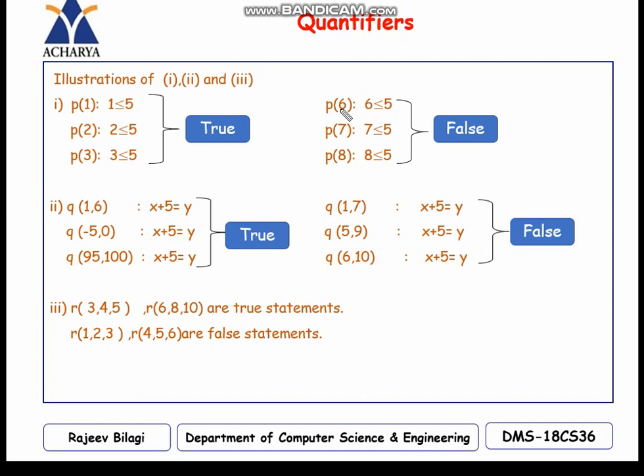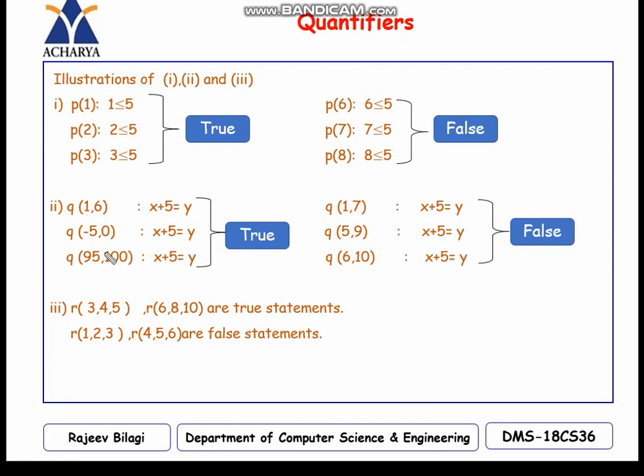If you look at another one, P of 6, that is 6 less than or equal to 5, P of 7, P of 8, which are false. So depending on the value of x, P of 1, P of 2, P of 3, or P of 6, P of 7, P of 8 will be either true or false.